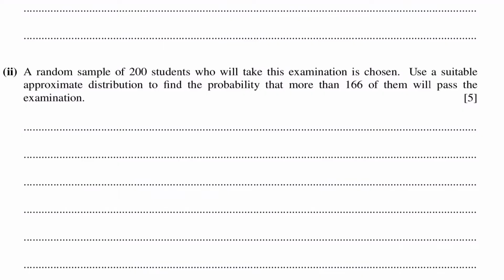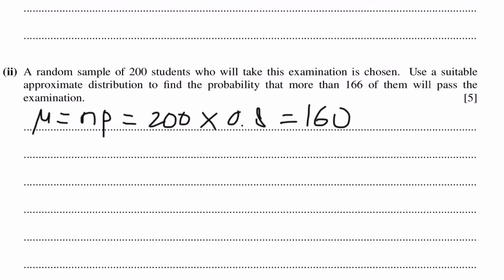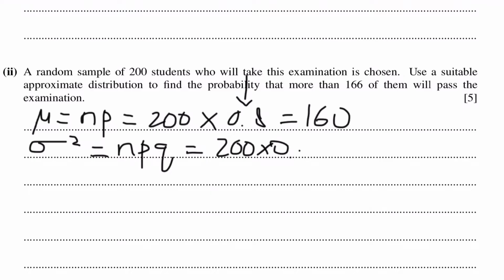So you have to find your new mu, your new mean, which is equal to NP. This is equal to 200 multiplied by 0.8. This is equal to 160. And for your variance, you will have NPQ. Q is 1 minus P, so 200 multiplied by 0.8 multiplied by 0.2 is 32.